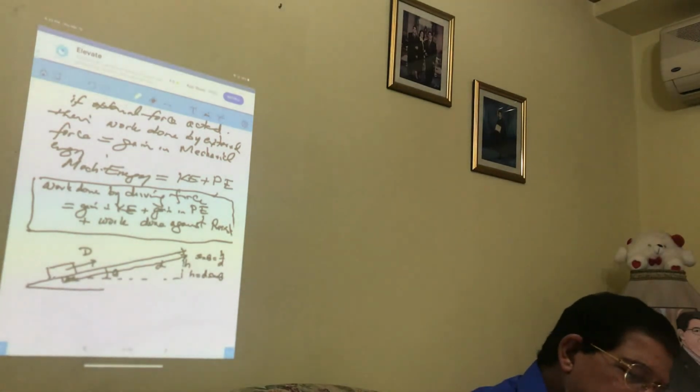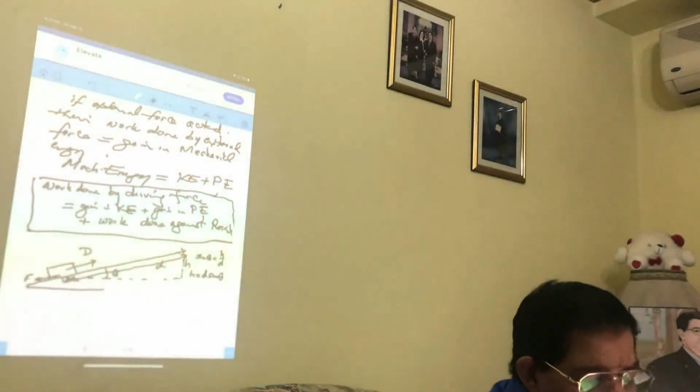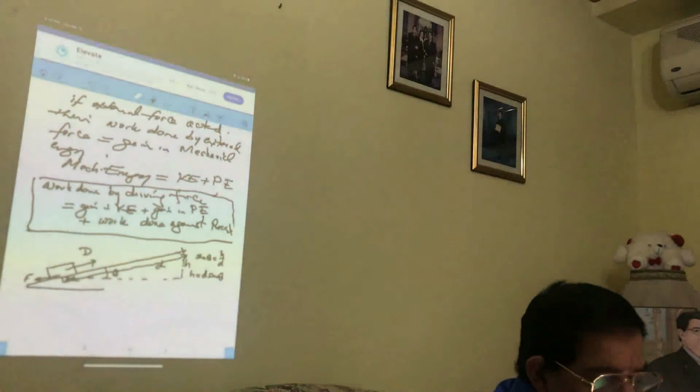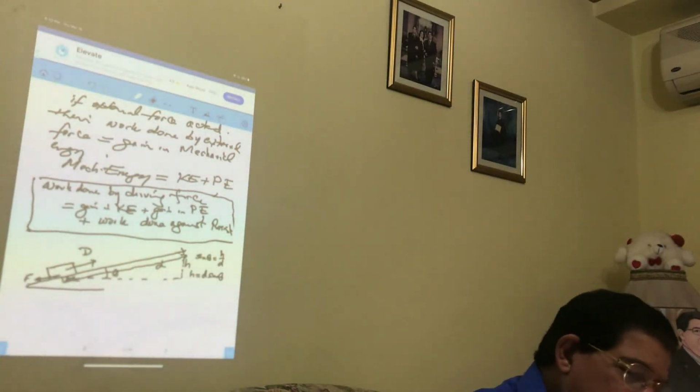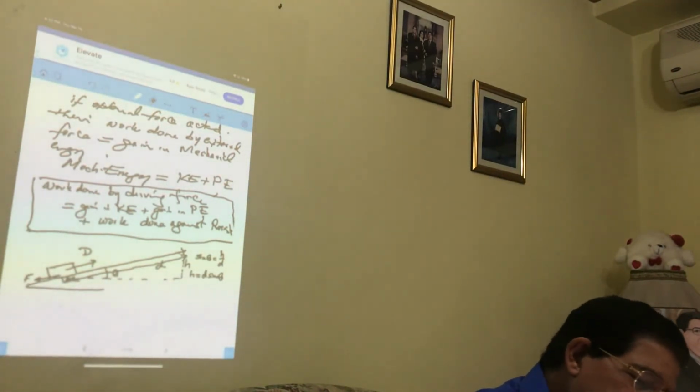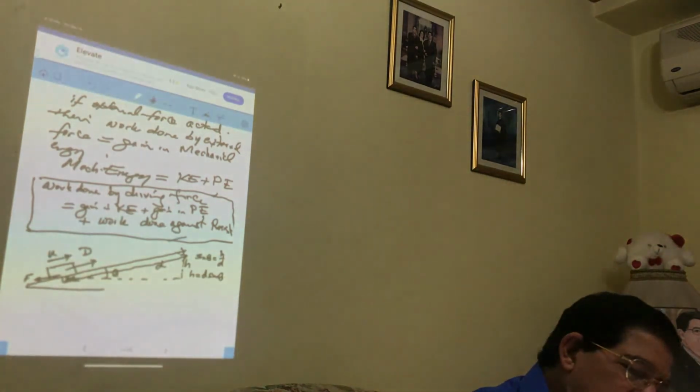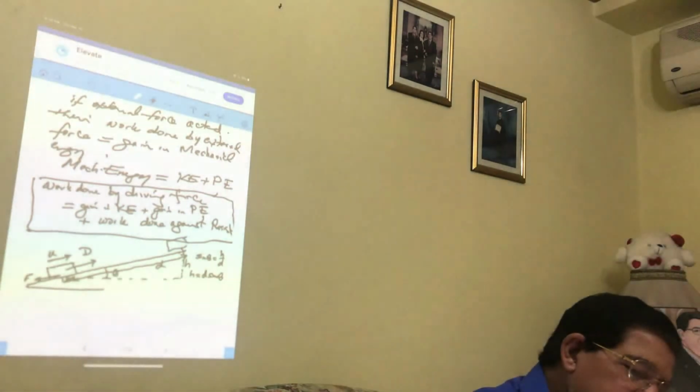There was a friction on the plane. The body had a velocity u here. Its velocity at the end is v.